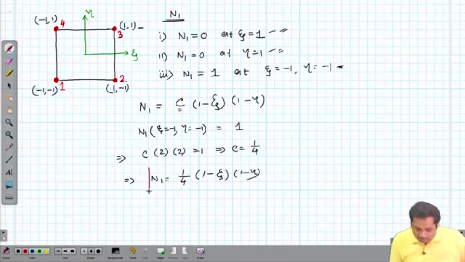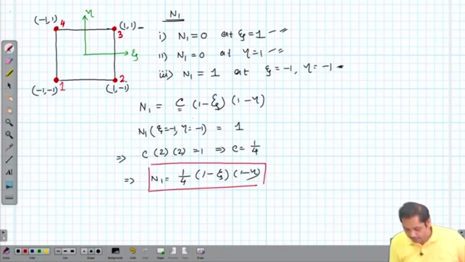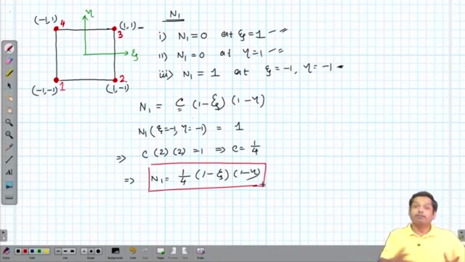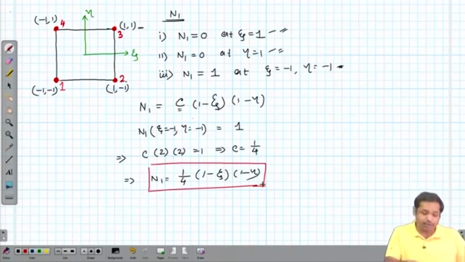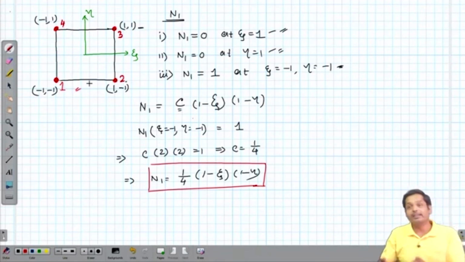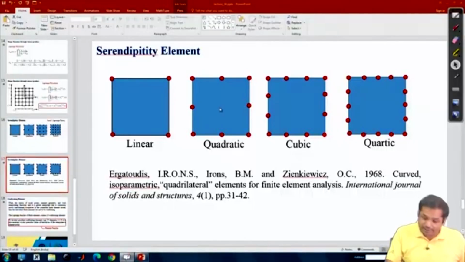Compare this with the shape function we obtained following the other two approaches we just discussed. We got the same shape function. The same thing we can do for nodes 2, 3 and 4 as well. But this is an element for which we really do not need this approach.